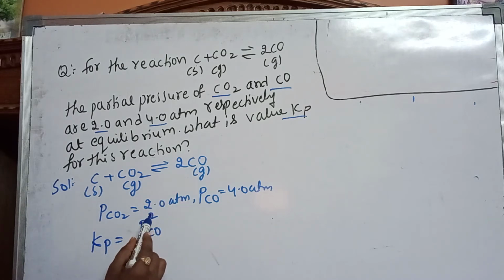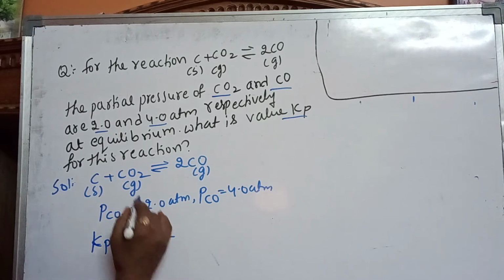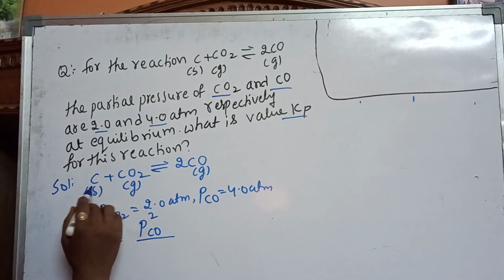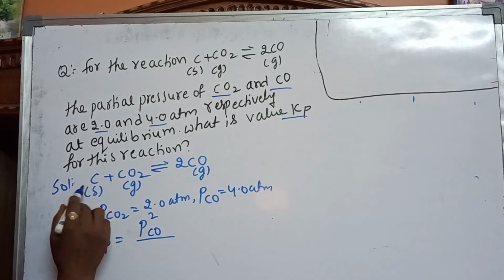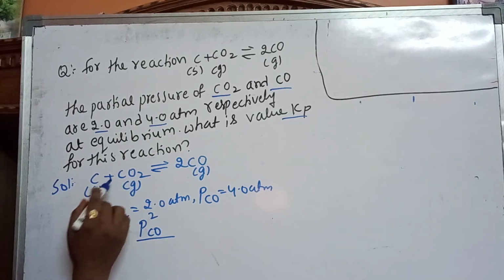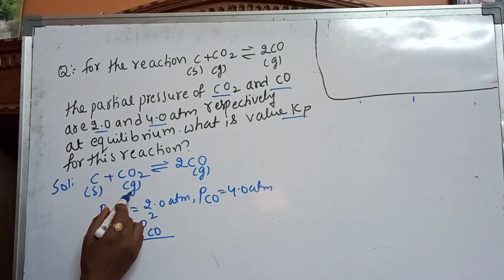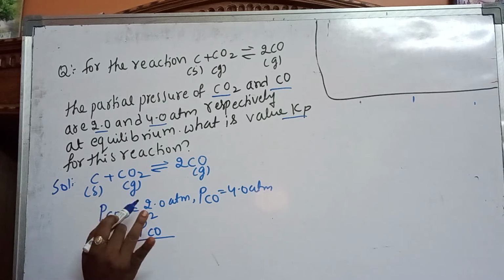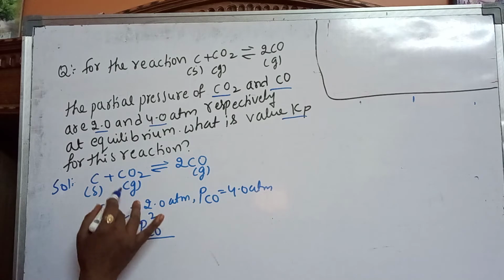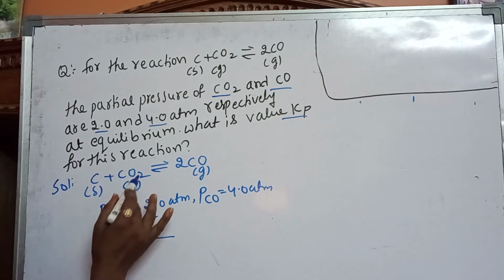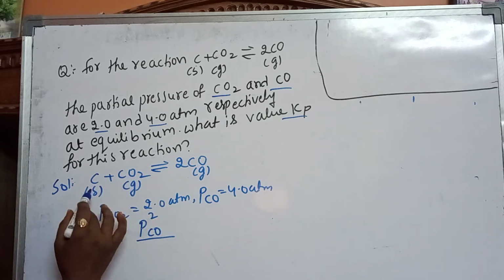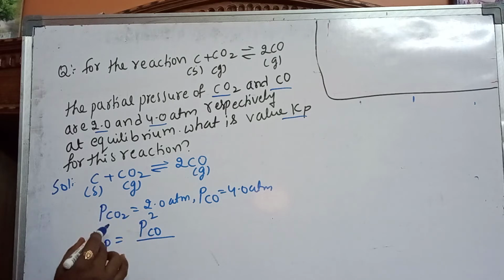The reactants are 1 mole of carbon in solid state and 1 mole of carbon dioxide in gaseous state. We can consider only what here? Gas. So we consider only the partial pressures of gases, not solids.